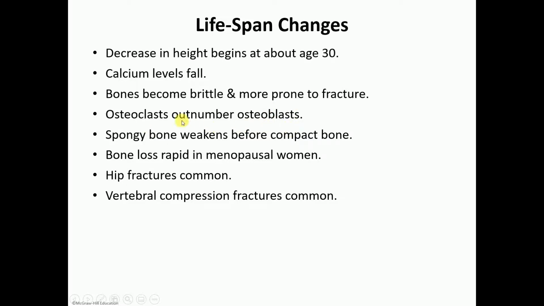And we would expect spongy bones to get weaker before our compact bones because they are already not as solid as compact bones are. Bone loss tends to happen quicker after menopause in women, where hip fractures and other fractures become common. Vertebral compression fractures are also common, where backbones tend to break.